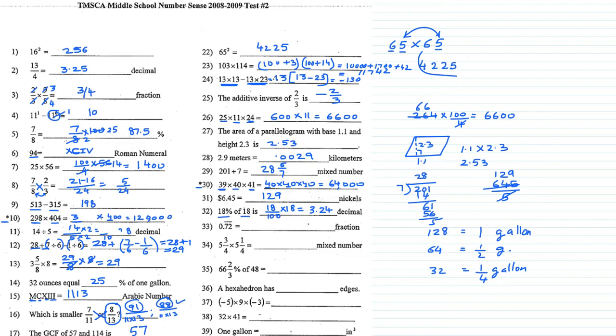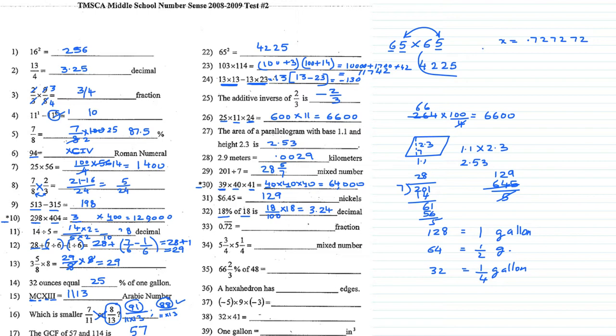Question 33, 0.72, where 72 is recurring, in the form of a fraction. Clearly you have to do this mentally, but essentially let x be equal to 0.727272. This is how we do it.